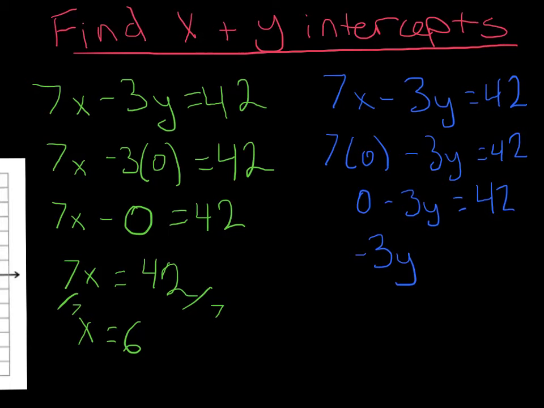So we have negative 3y equals 42. So the y-intercept, after we divide by negative 3, would be negative 14.